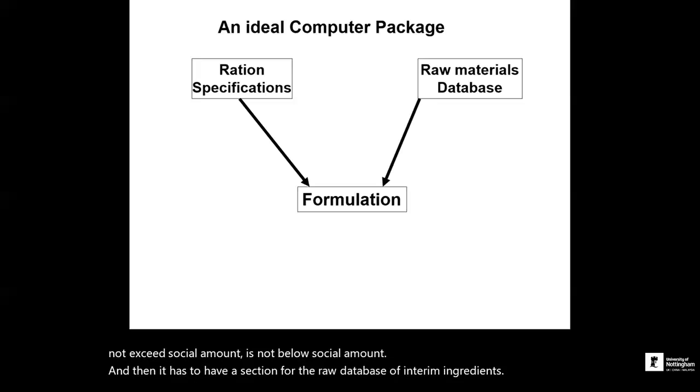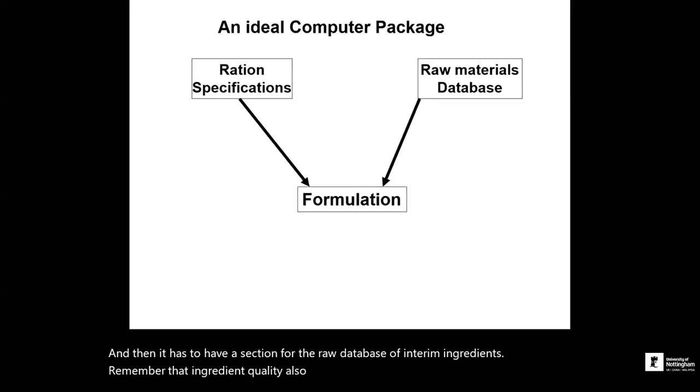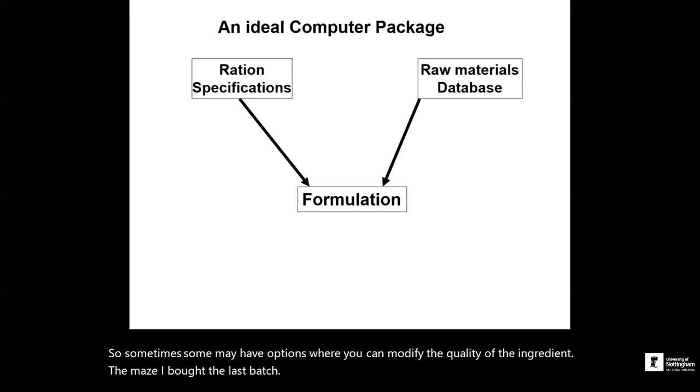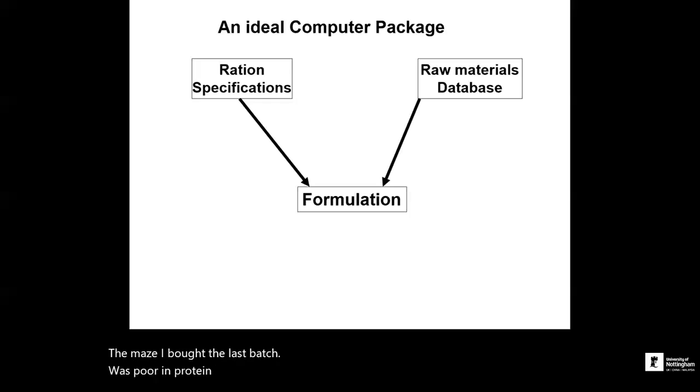Remember that ingredient quality also changes. So sometimes some may have options where you can modify the quality of the ingredient. Oh, the maize I bought, the last batch, was poorer in protein than expected. So instead of getting 8.8% crude protein or 8.7, when I measured it in the lab, I got 8.5. And you're going to use that maize to formulate your feed.